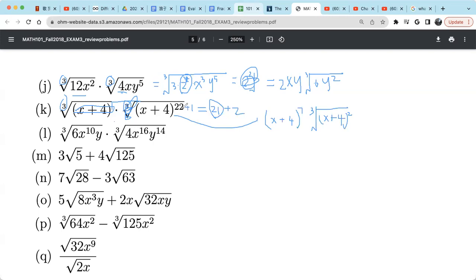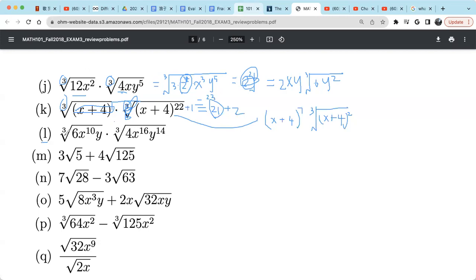So same base, we add the exponents and that becomes 23. But in 23, we're looking for multiples of 3, which is 21, the highest one. 21 divided by 3, that's a 7. So that's why we have x plus 4 raised by 7 outside the cubic root sign. And inside the cubic root sign, we still have x plus 4 squared.